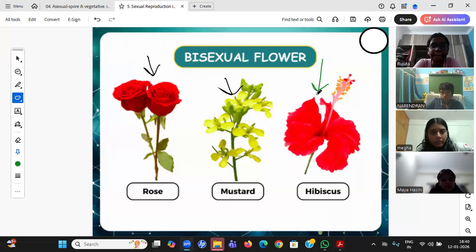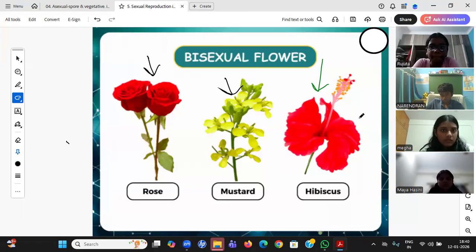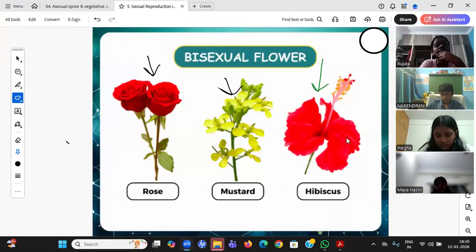What name did I use for this particular flower? I took hibiscus, but there is another name for this. China rose. Okay, use the word China rose there. Natural indicator, yes, right answer, China rose. Hydrangea, no, I did not use that name, student. I took China rose.